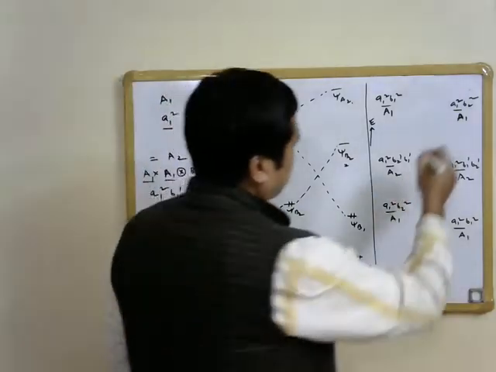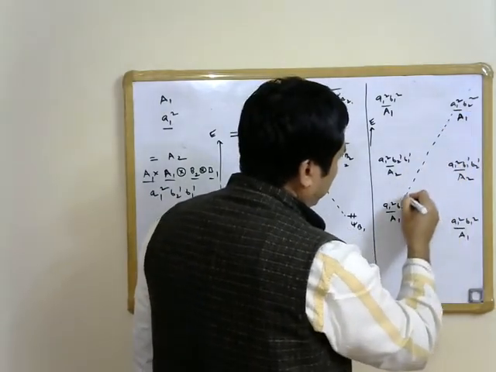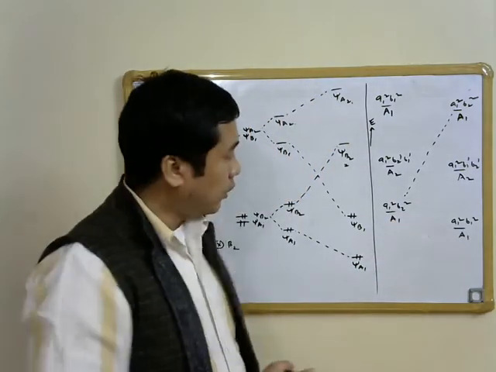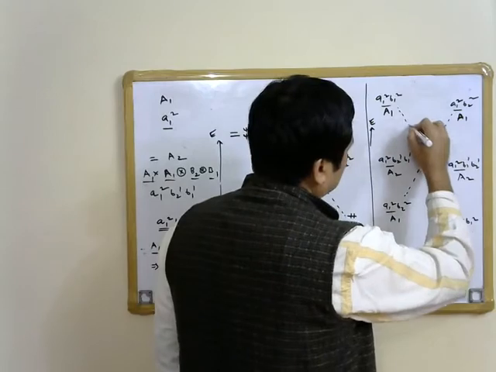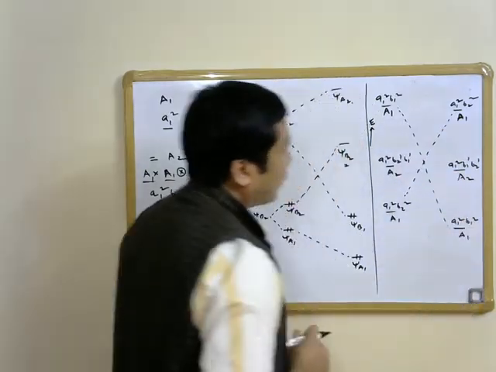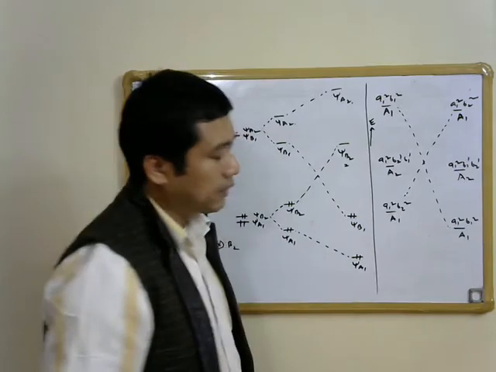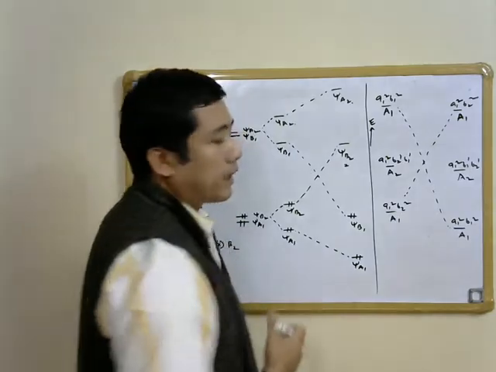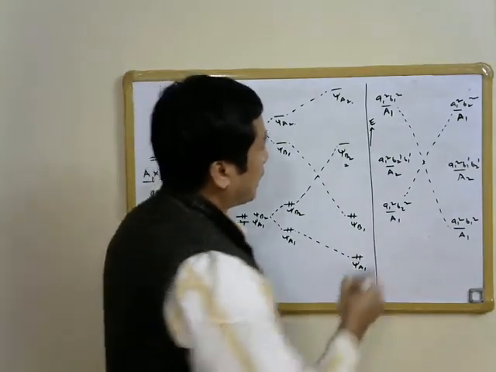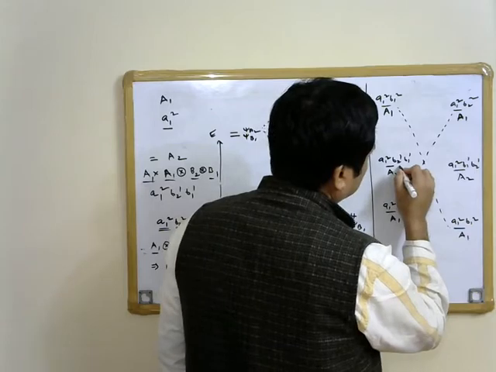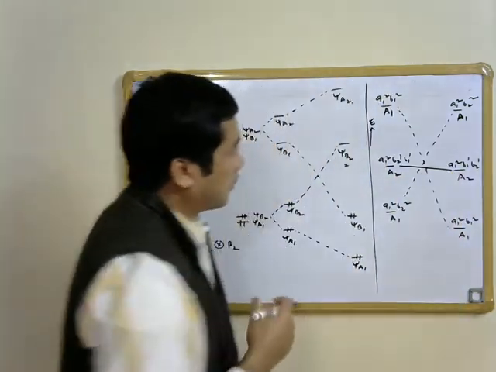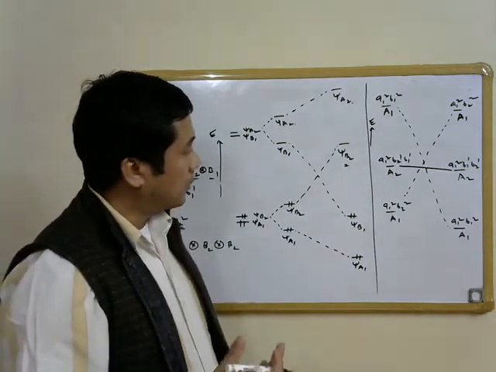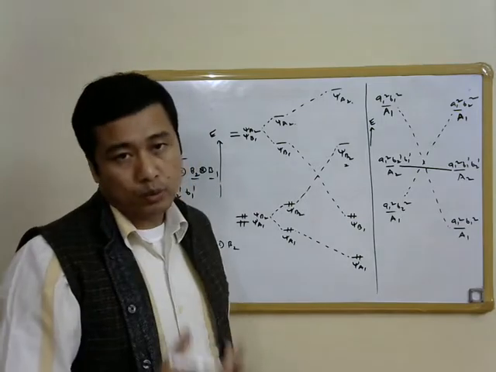When we do so, we see that this excited state in the product correlates with the ground electronic state of the reactant, and the ground electronic state in the product correlates with this excited electronic state in the reactant, and this particular electronic state, the A2 electronic state, the first excited state in the product, and the reacting system essentially correlate with each other.